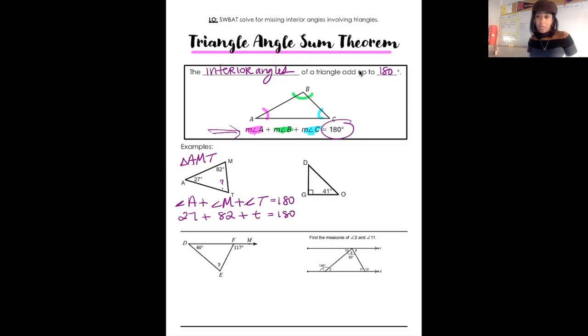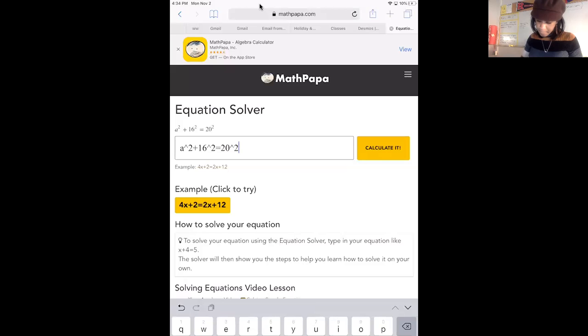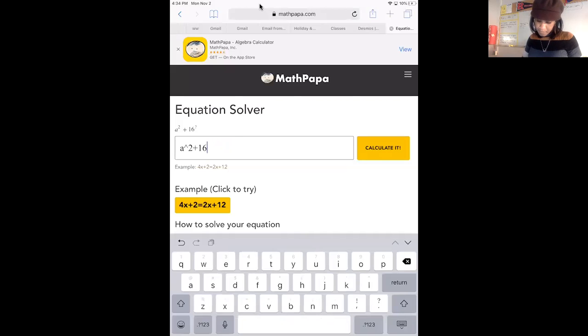Now we're going to put this equation into Math Papa, and it will give us our answer. So I'll do the first one with you. It was 27 plus 82 plus T equals 180.